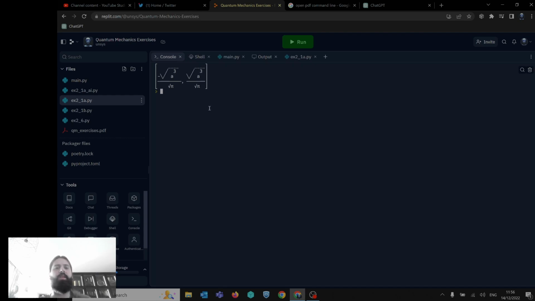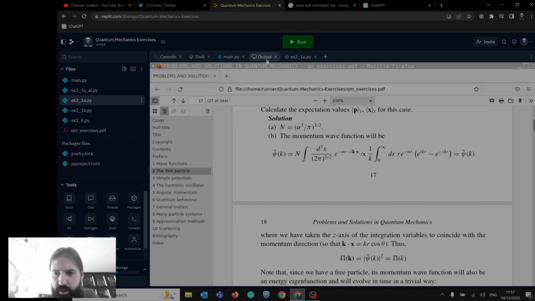There's a square root here and a square root here. It's missing a power of 3, because that's alpha cubed divided by pi, and everything to the power of 1/2, and here we're basically saying to the power of 3/2.